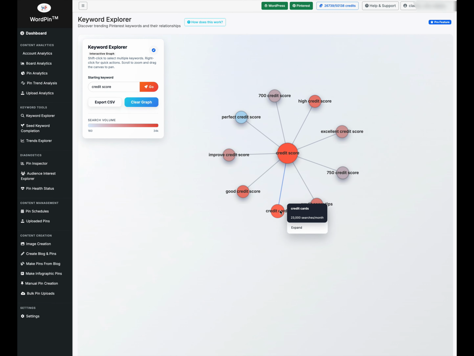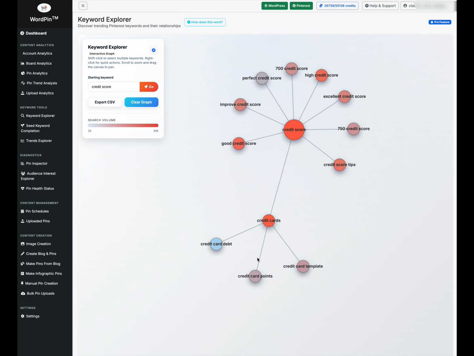I don't know, let me show you an example. So here I can either right click, copy, or expand, or I can just click directly on that, and then it will expand over there. Now this one is more of a deep research tool, which will take a few minutes, because we are not only looking for information on the keyword that you just clicked on, but we're also looking at information across some of those that are associated with it to see if that makes sense or not.